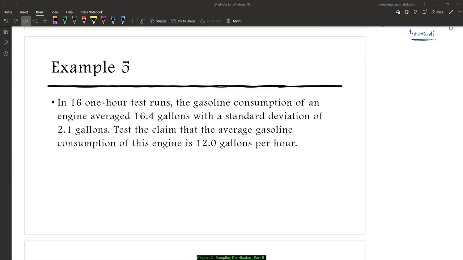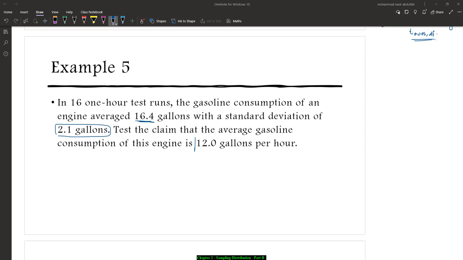Alright, let's look at example number 5. In 16 1-hour test runs, the gasoline consumption of an engine averaged 16.4 gallons with a standard deviation of 2.1 gallons. Test the claim that the average gasoline consumption of this engine is 12.2 gallons per hour.